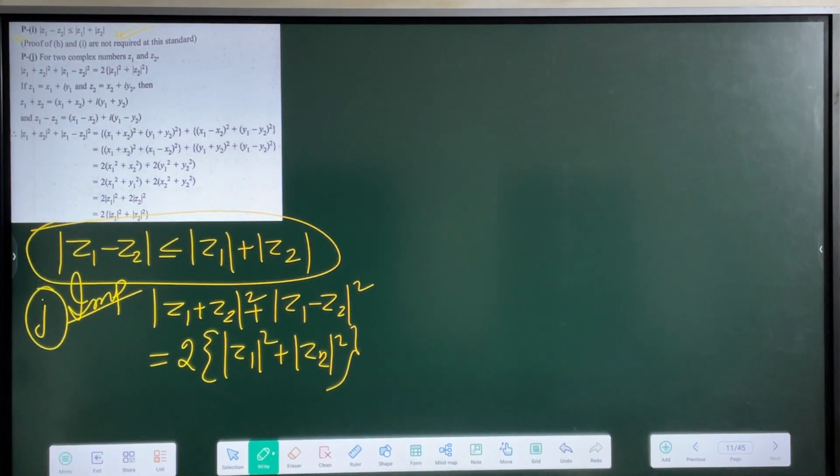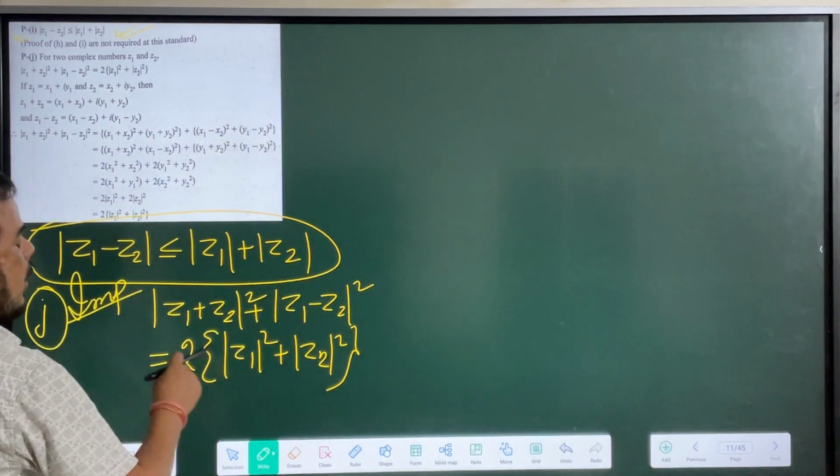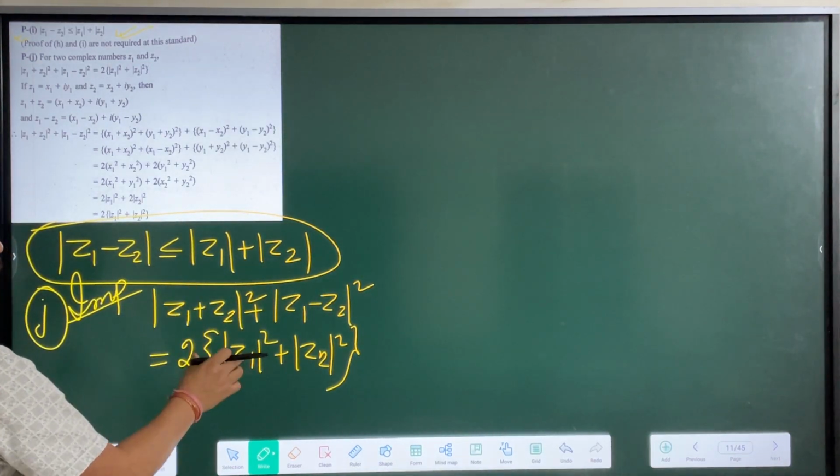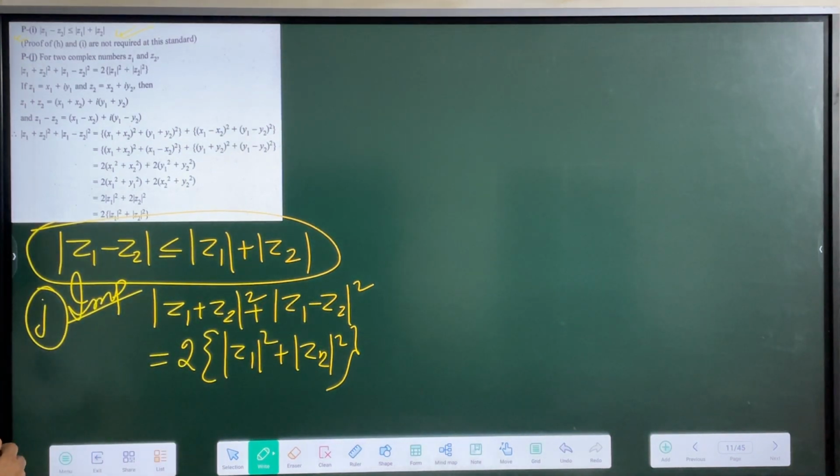So this is a very important formula. Modulus of Z1 plus Z2 whole square plus modulus of Z1 minus Z2 whole square is equal to twice modulus of Z1 square plus modulus of Z2 square. This is what you have to prove.